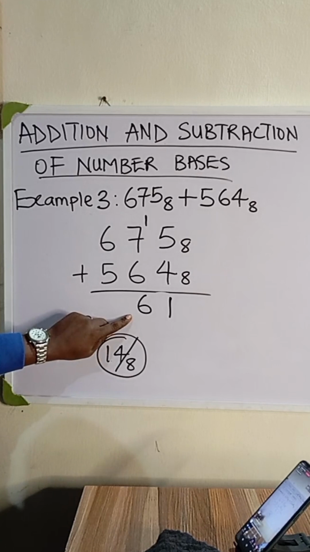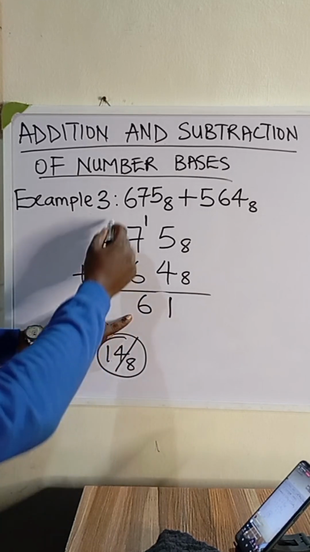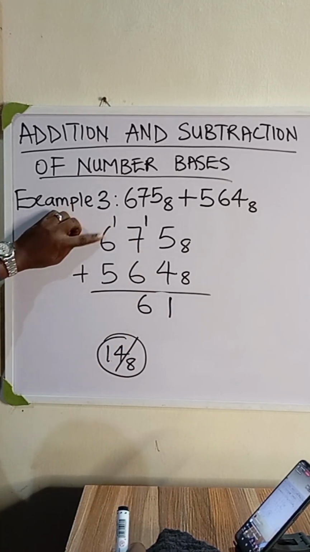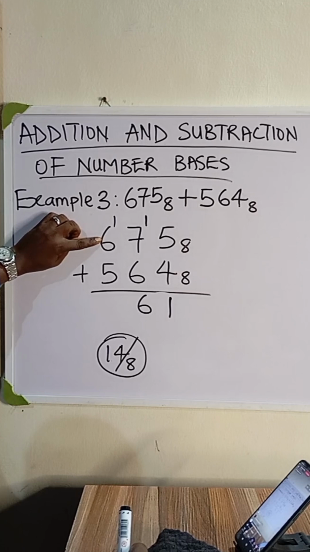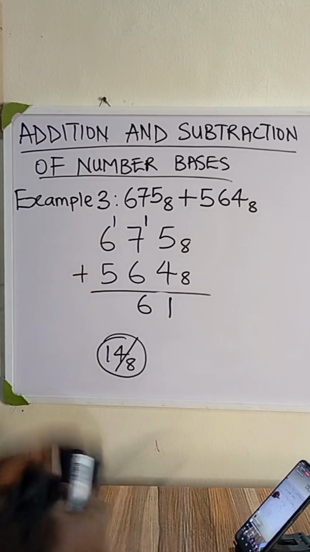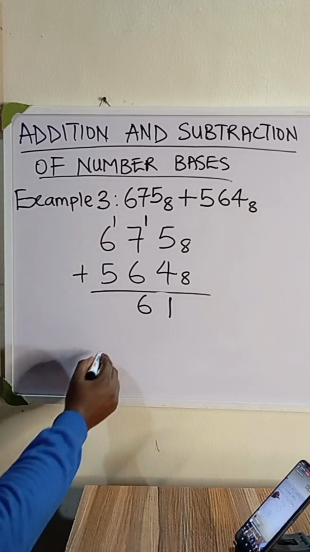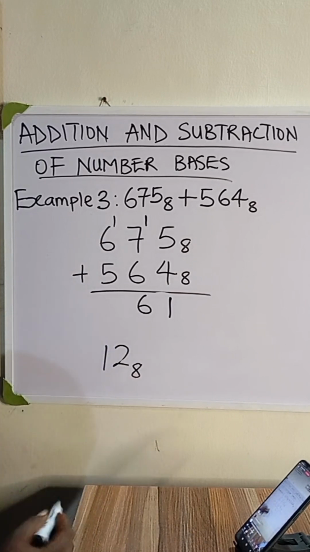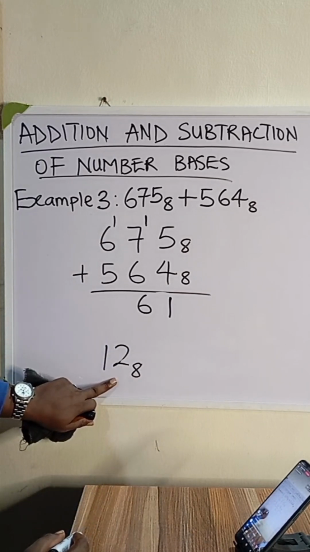So it will give us 6 remainder 1. So now we have 1 plus 6. That gives us 7. 7 plus 5 gives us 12. So we have 12 base 8. We still have to convert this.